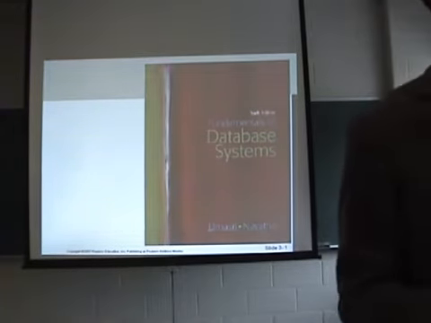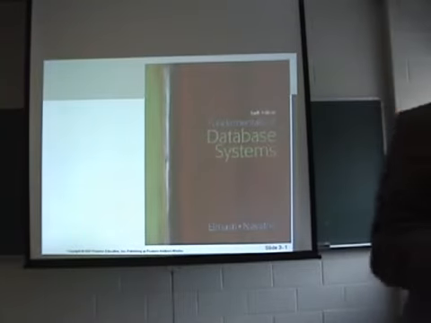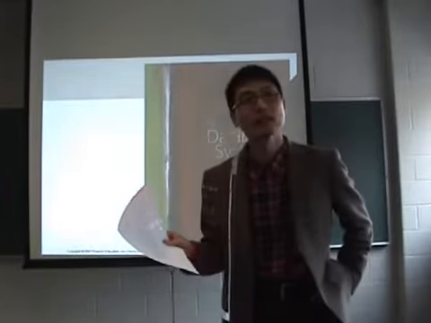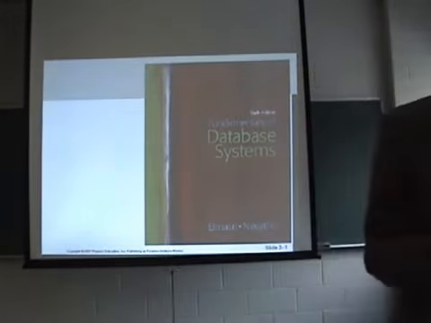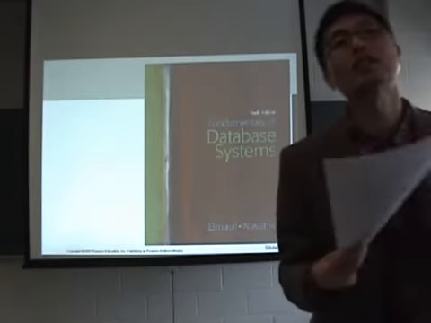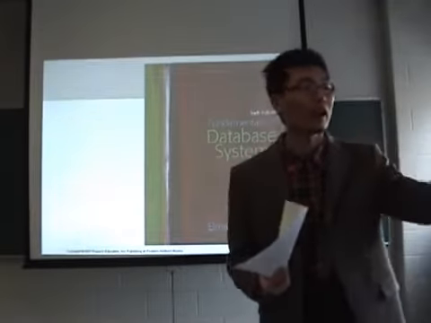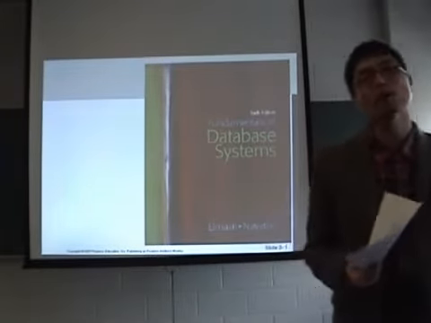As a prerequisite of this class, you probably took CS390 or CS400 relating to programming, right? In your programming class, you probably learned something about software engineering. You need to design and model your application program. At that time, you analyze your programming requirements. For example, sum of 1 to 10.